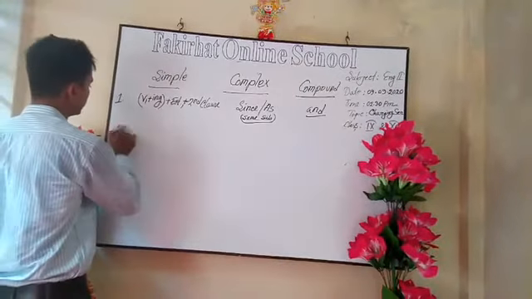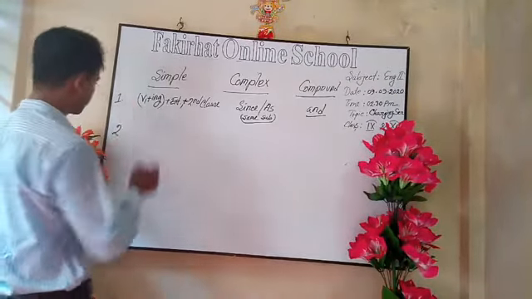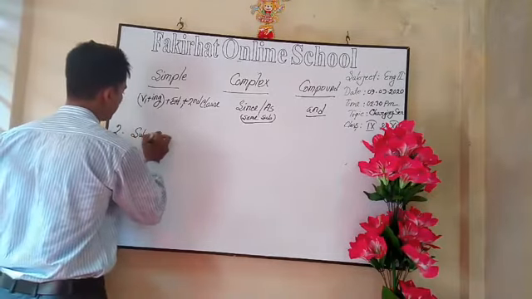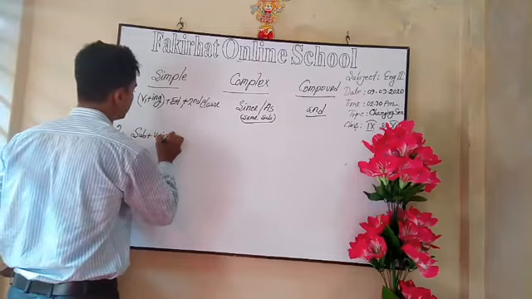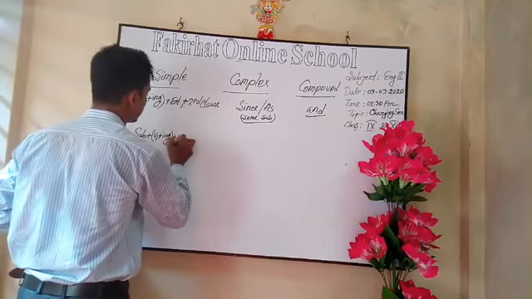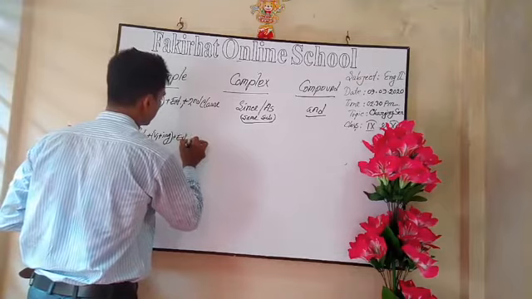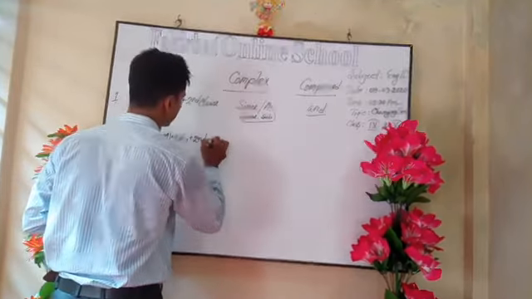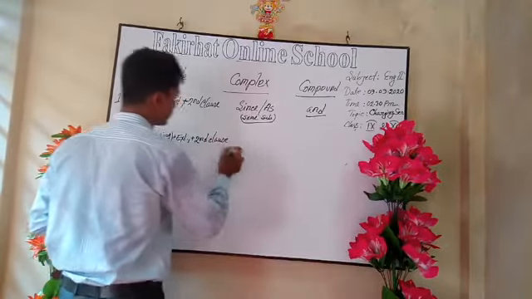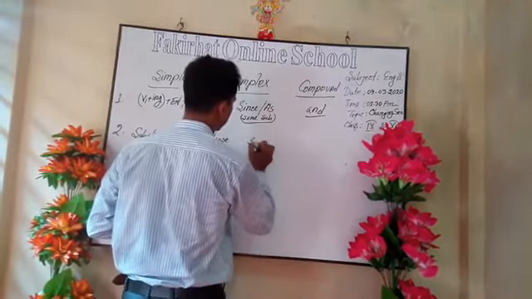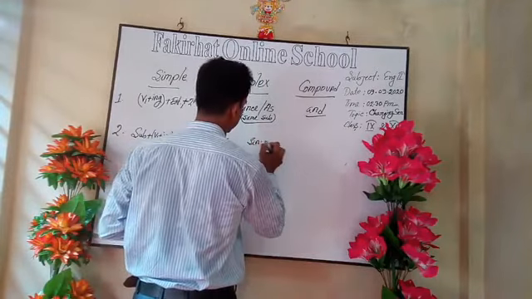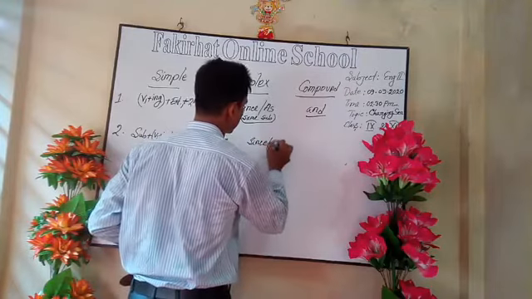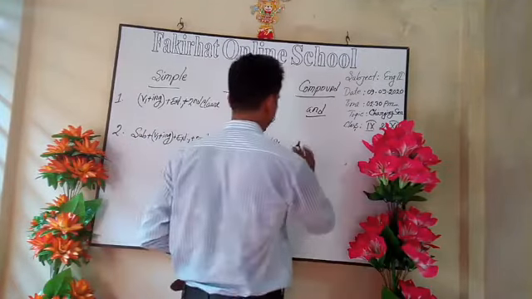Next rule 2. Subject plus V1 plus ing plus extension, comma, second clause. Here since, as, here and.